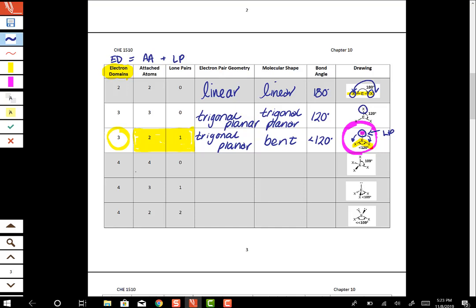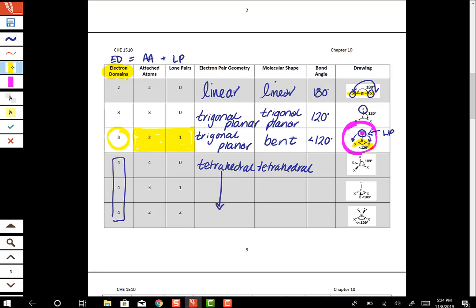If we look at 4 electron domains, this is going to give a tetrahedral electron pair geometry. And when there's no lone pairs, the electron pair geometry and the shape will match. So notice how I have 4 electron domains in all of these examples, so all of these will be tetrahedral.